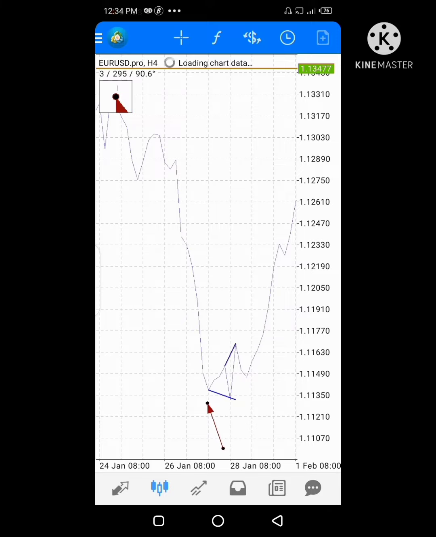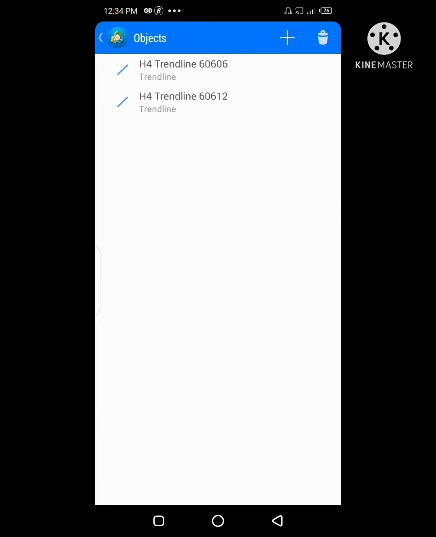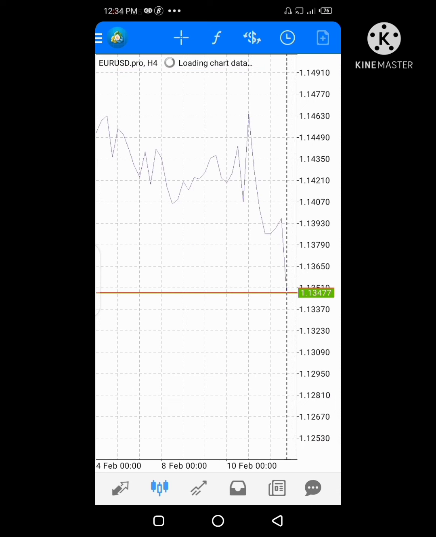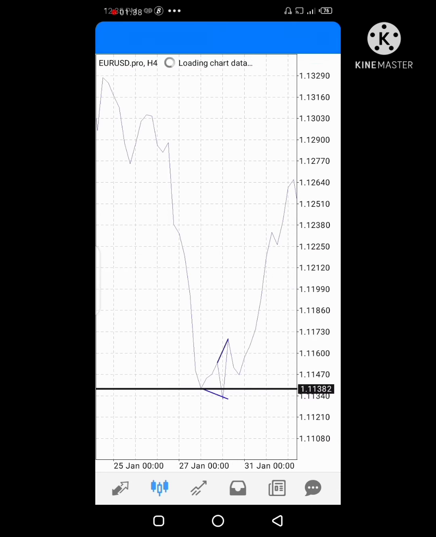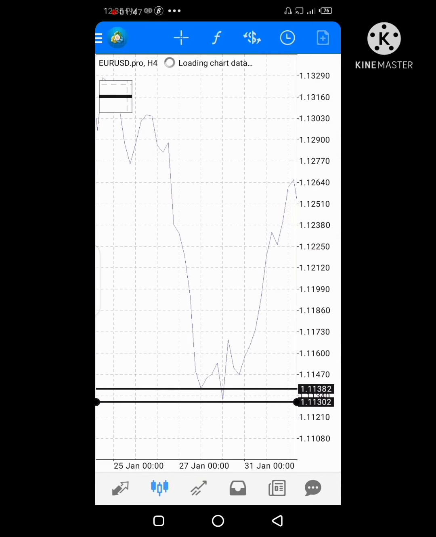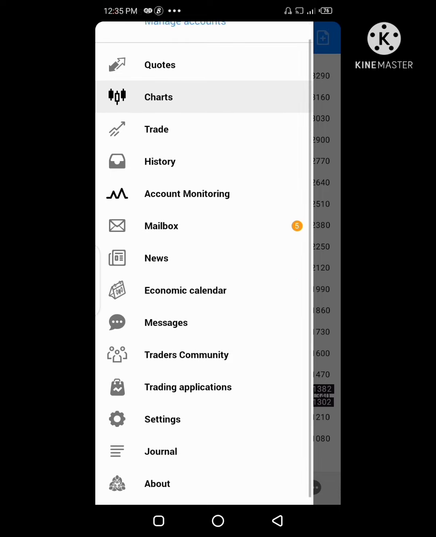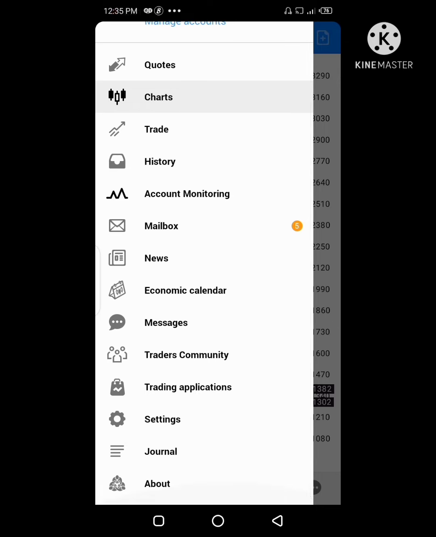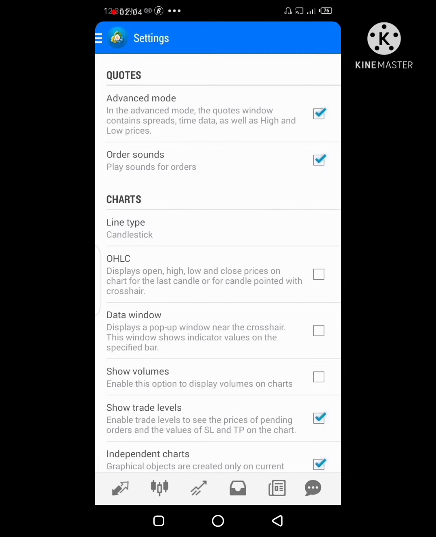So our entry will be this other shoulder that has already been formed. So we're going to place a line there for our entry. And our possible stop loss will be here, just few pips below. So I'm going to change this to candlestick chart now.